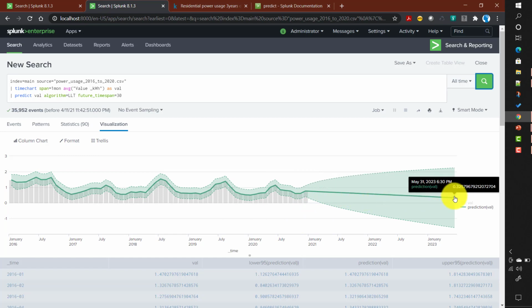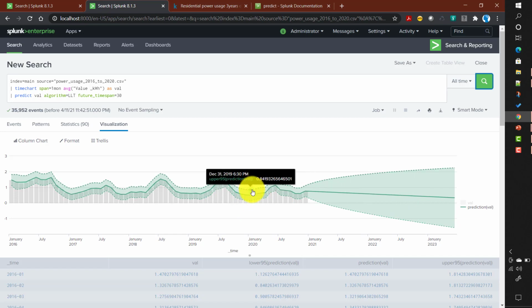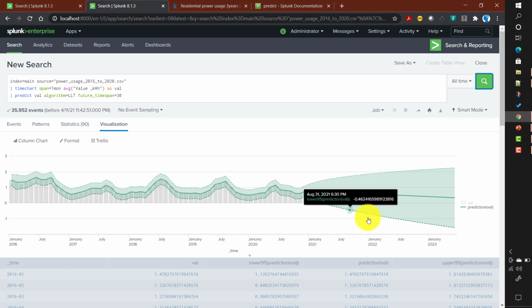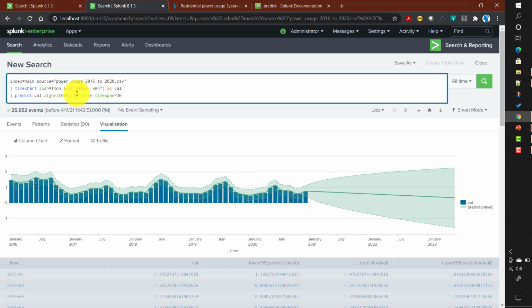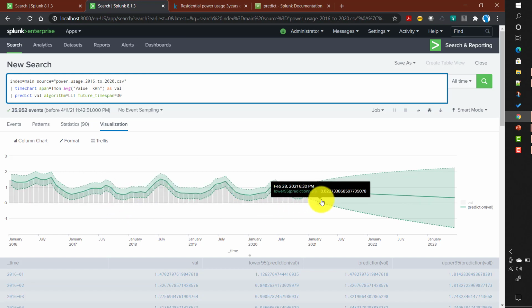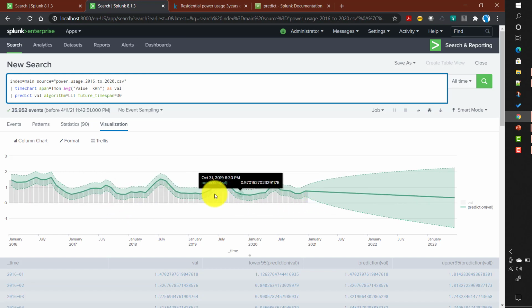Initially it was higher values, then it's moving to lower values for the future timestamp as well. And for this one also, it predicts the upper 95 and lower 95 percentile values. So this is the LLT algorithm, which considers only the trend, but it does not consider the seasonality. But this is also not a good prediction for our data, because our data has a seasonal factor as well over here, correct?